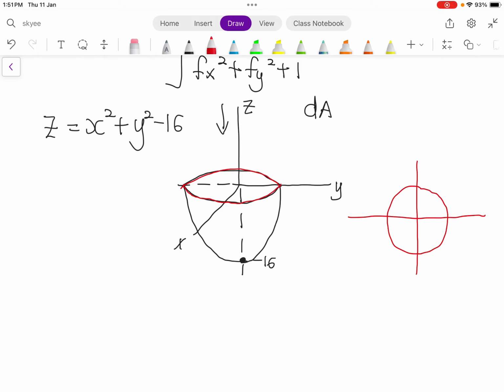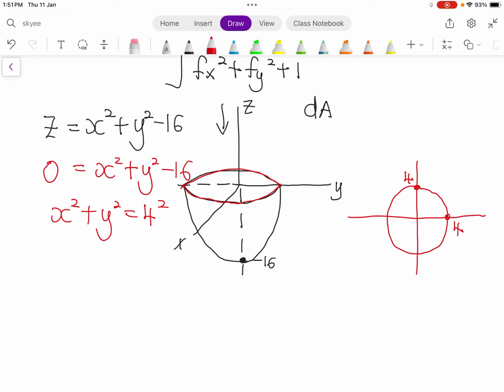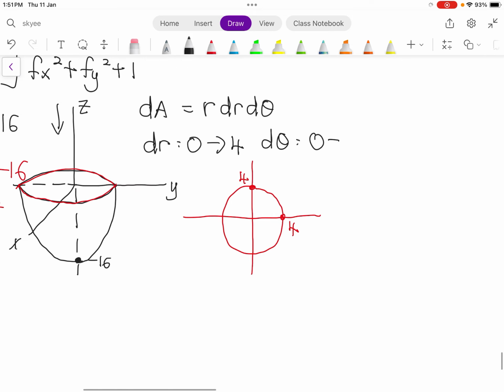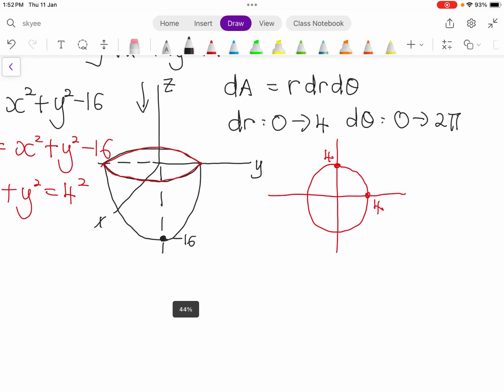To know the radius of this circle, you could replace z with 0, and you will see that the radius of the circle equals 4. So dA will be written as r dr d theta, where r goes from 0 to 4, and theta goes from 0 to 2 pi.